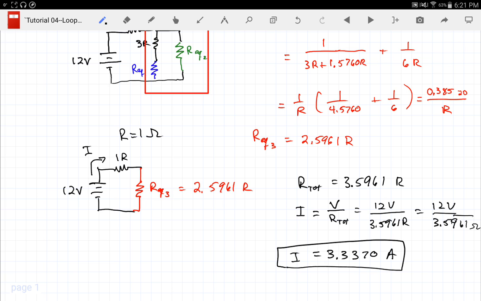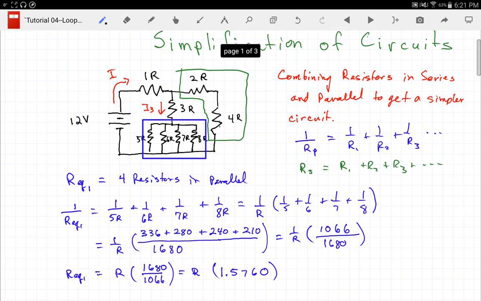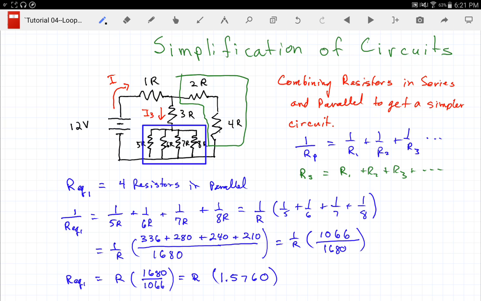Now, I have found the entire current. What if I wanted to go back and find what the current was that I labeled I3 here? Well, to find I3, I'm going to have to first determine how much voltage I have in my drop across the 1 ohm resistor. And then with that voltage, it goes through my R equivalent 1 plus 3R.